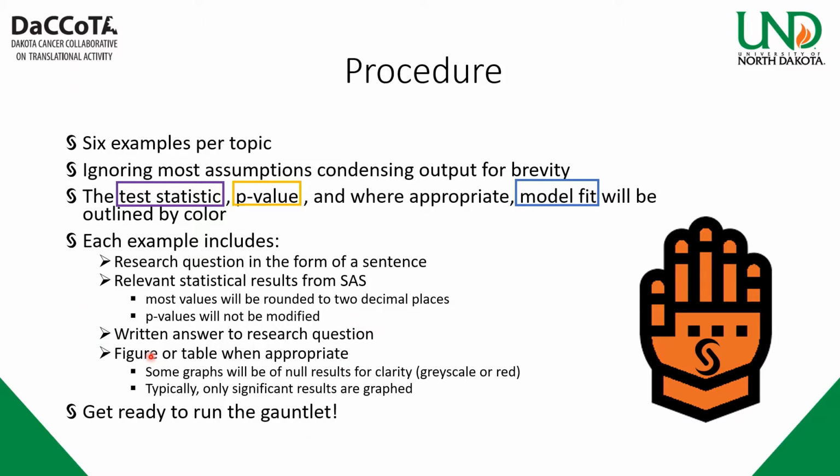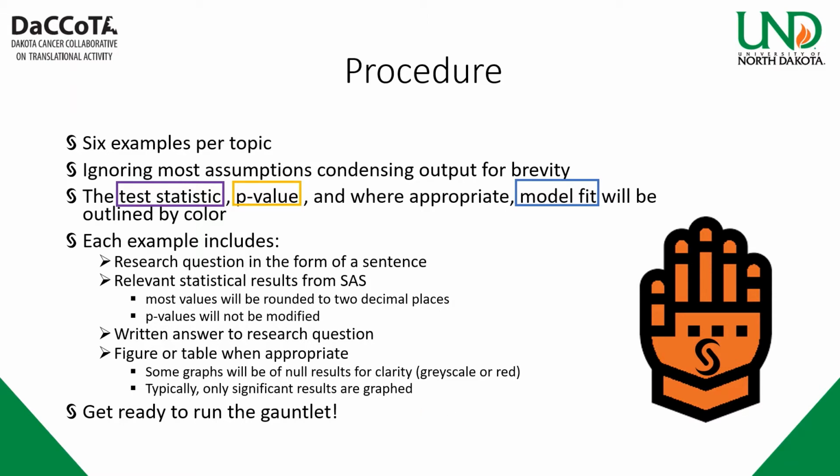Then there'll be a written answer to the research question, again in plain language, and then figures or tables when appropriate. Typically you don't show non-significant results, though I will for clarity, and I'll have them outlined in red. Again, usually only significant results are presented in papers.